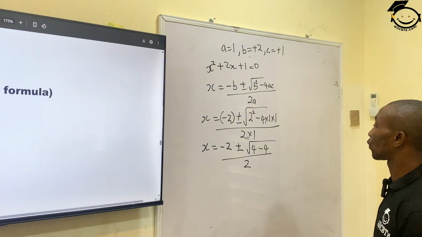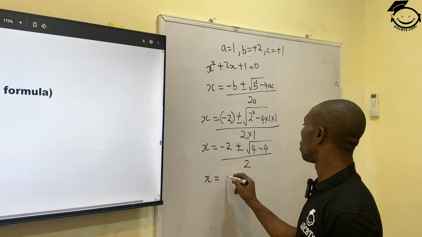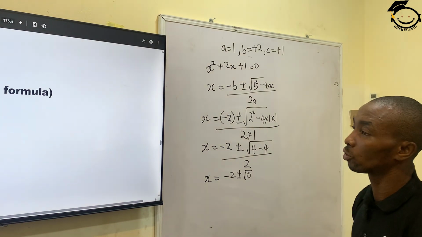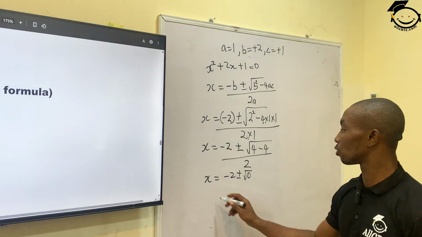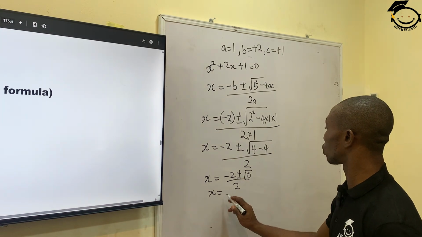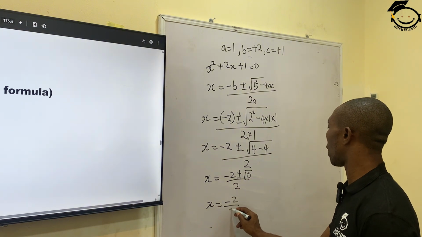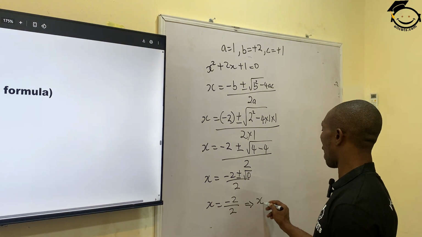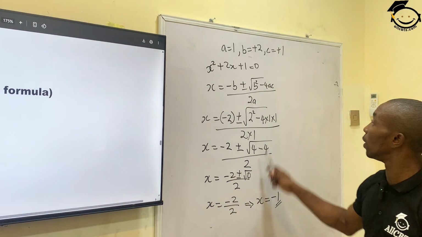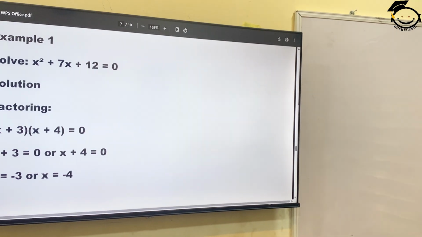Root of 4 minus 4 gives us 0, so x equals minus 2 plus or minus root 0, and we know that root 0 gives us 0. So x equals minus 2 all over 2, which gives us x equals minus 1. So the value of x will be minus 1. All right, let's look at some more examples.